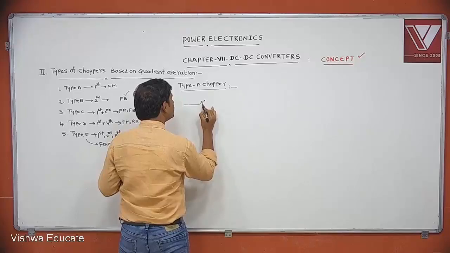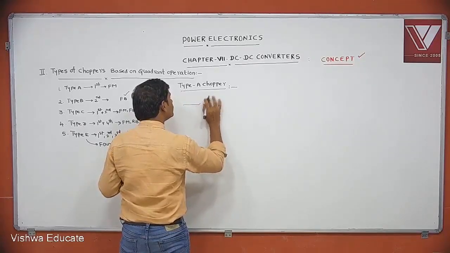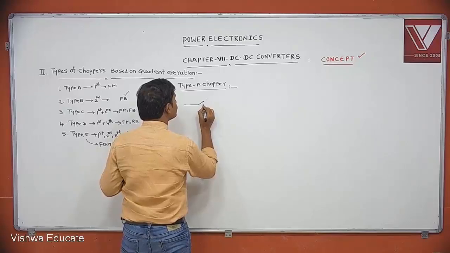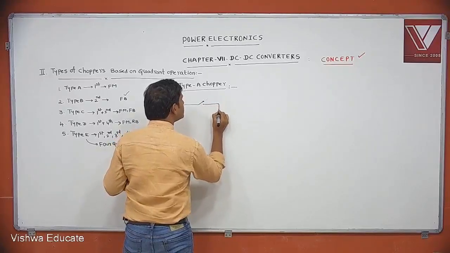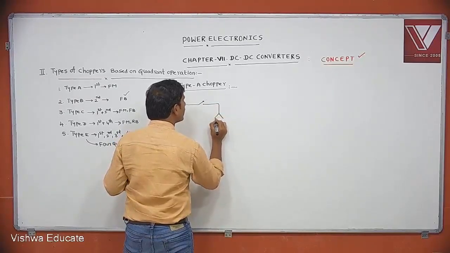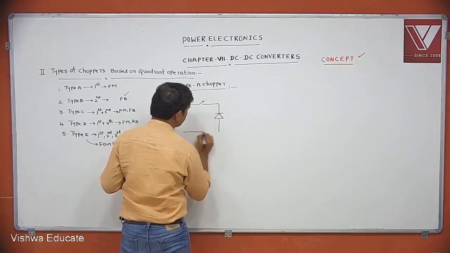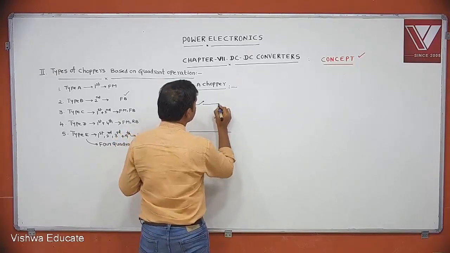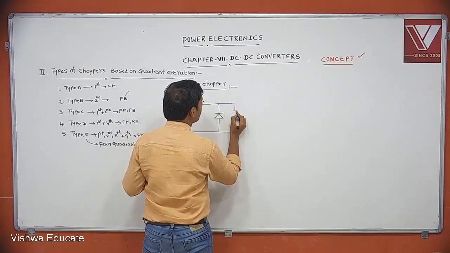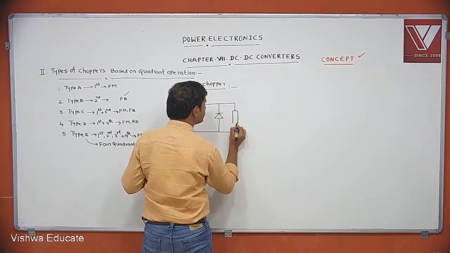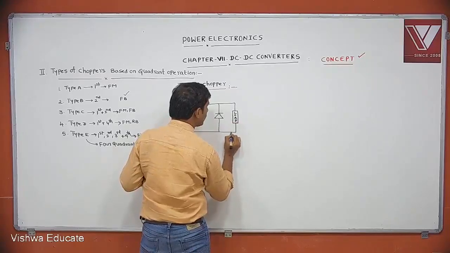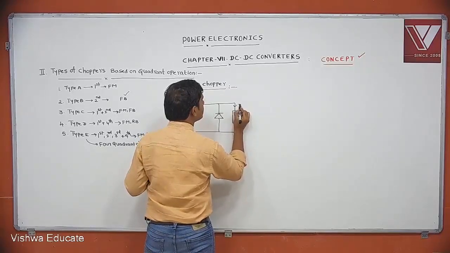This is the switch or chopper, and this is a diode connected across the load, and the load is connected. And this is I naught.